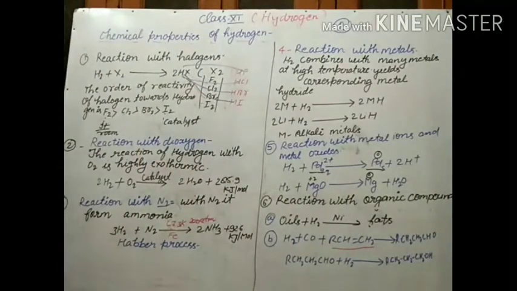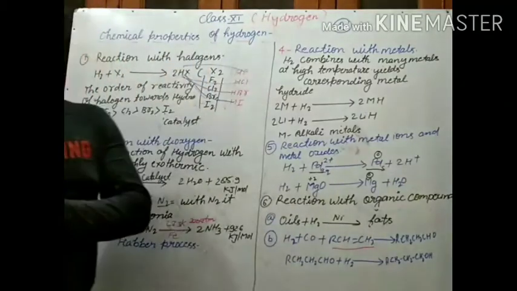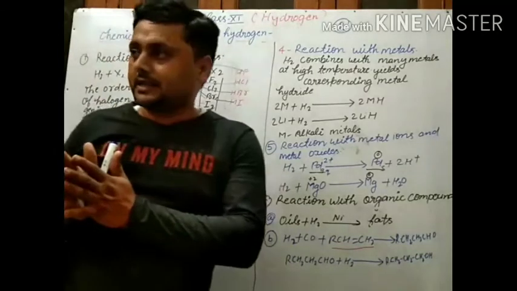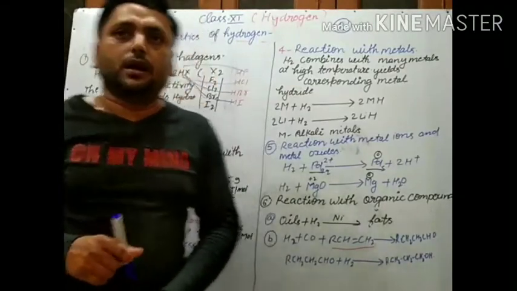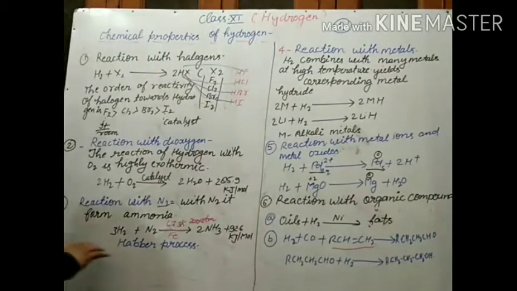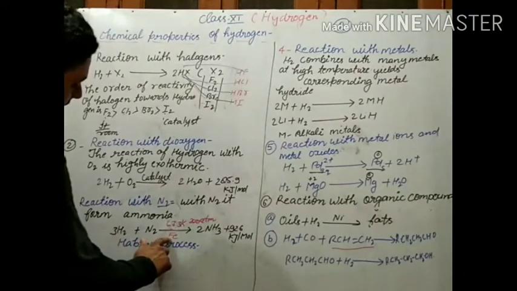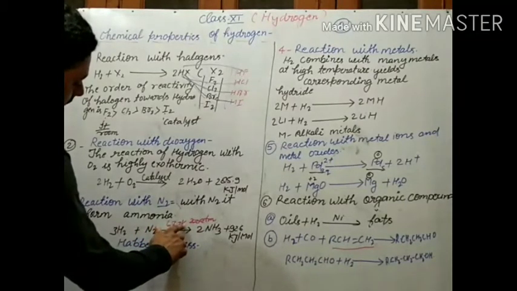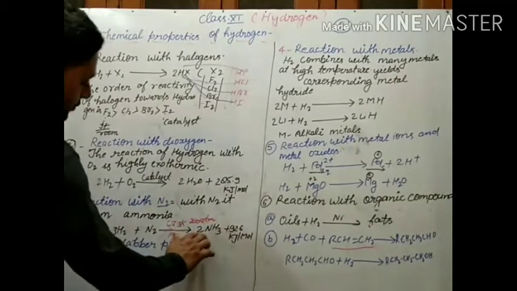Next is reaction with nitrogen. With nitrogen it forms ammonia. When hydrogen reacts with nitrogen in presence of catalyst Fe at 673 Kelvin temperature and 200 atmospheric pressure, it forms ammonia.